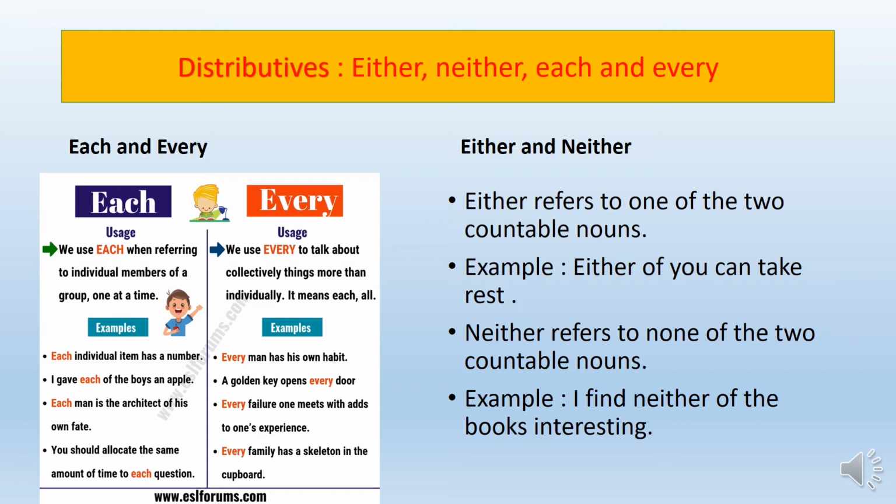Example: I find neither of the books interesting. We are talking about two books, and neither is interesting. So we learnt here that distributives are either, neither, each and every.